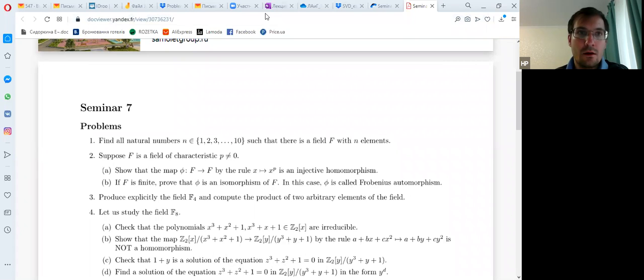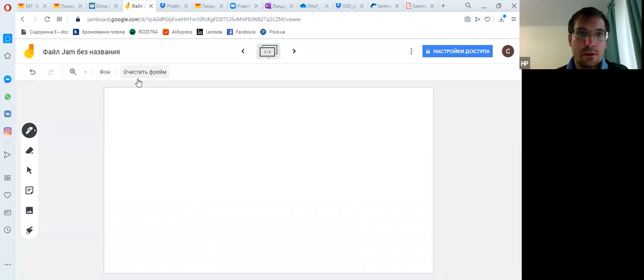Let me remind what the characteristic is. If I have a field, I have 1 in this field. This is the neutral element with respect to multiplication. And I can add 1 to itself.